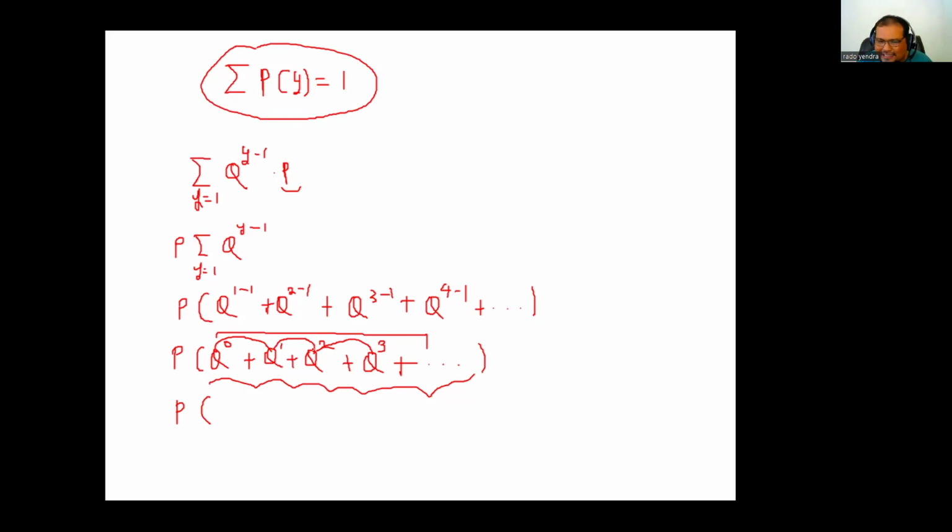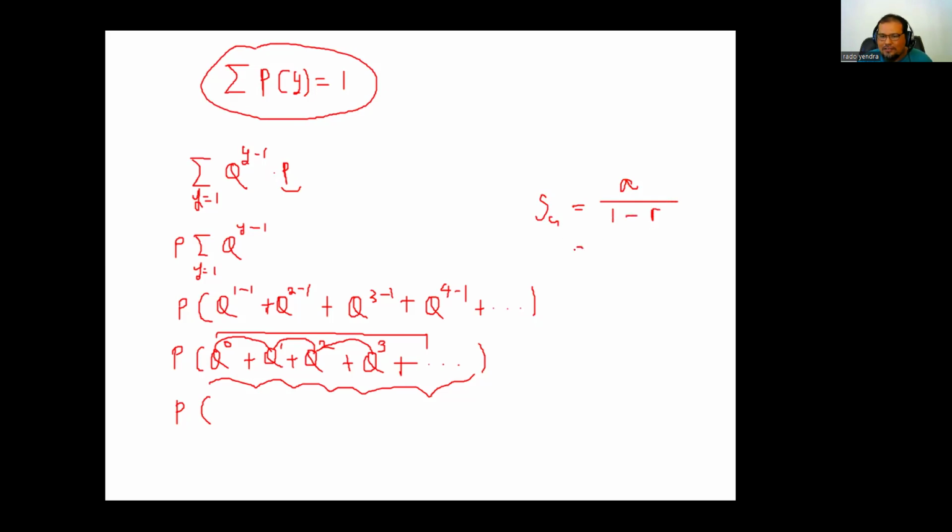So from this case, we understand that q to the power 0, q to the power 1, q to the power 2, q to the power 3 is a geometric series. In the concept of the geometric series, to make the summation to infinity, we use the formula: the initial value divided by 1 minus r, where r is the ratio.